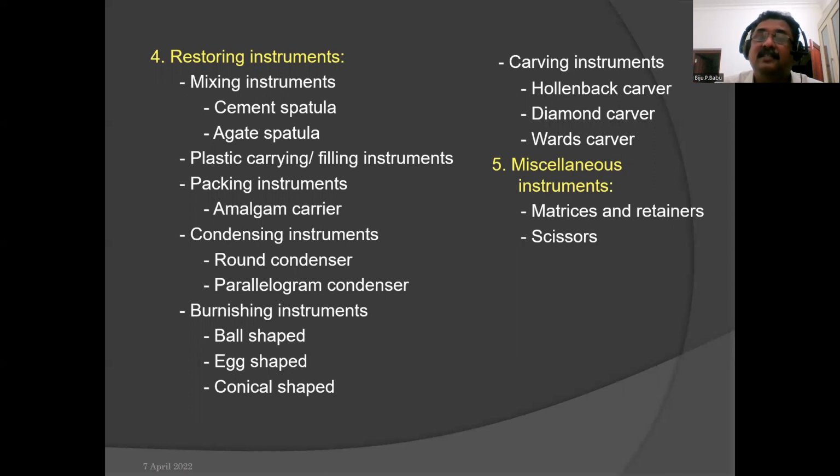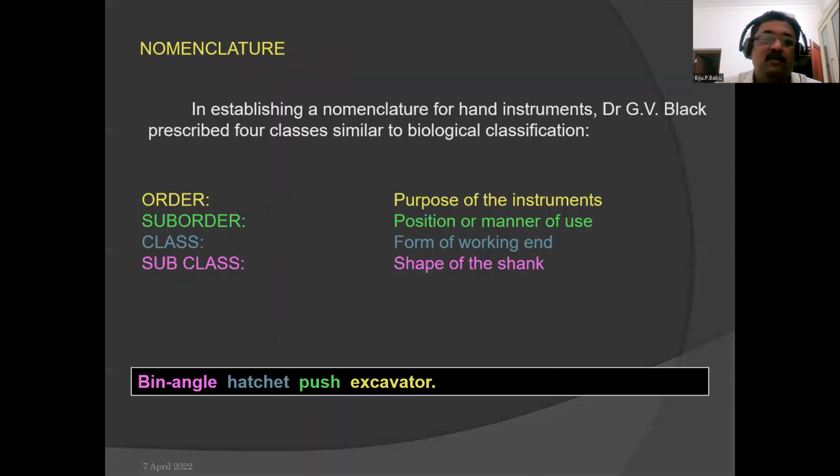Then you have the carving instruments like Hollenbeck carver, diamond carver, Watts carver, and other miscellaneous instruments like matrices and retainer, scissors, etc. Now, all these classifications came into being to regularize or to separate the instruments according to their use or their purpose. Now, we'll go into each instrument in detail.